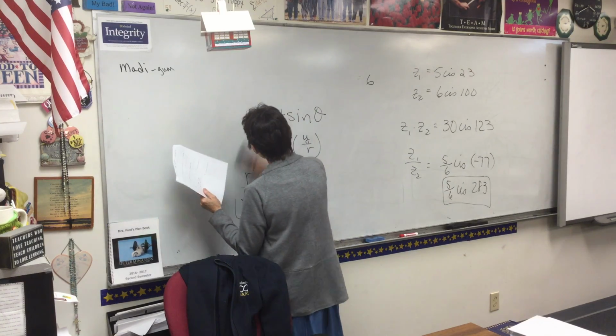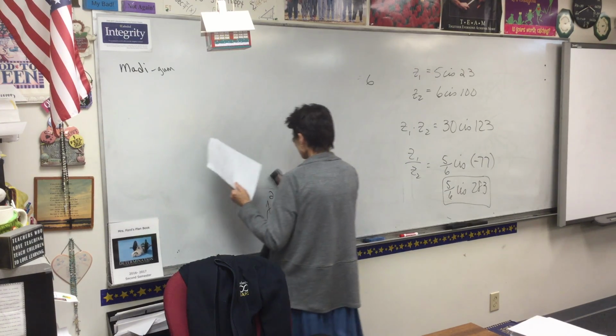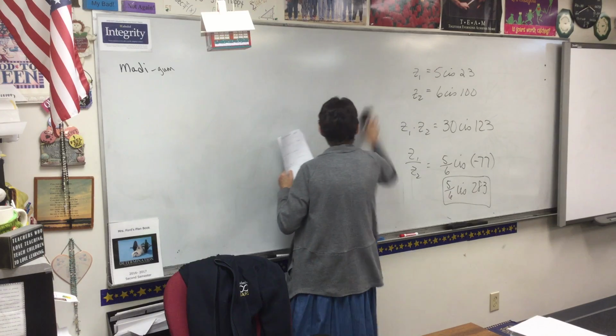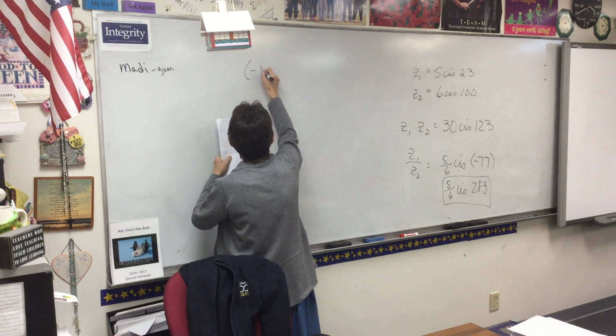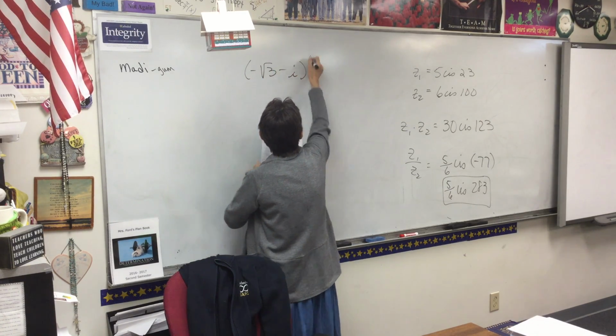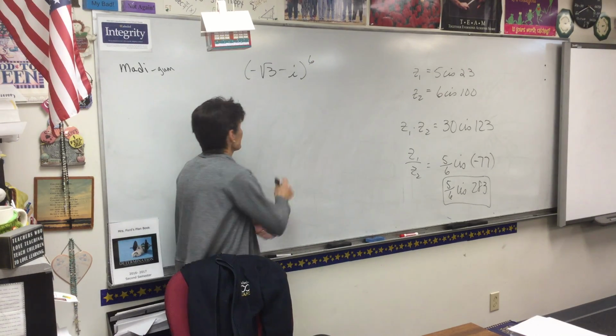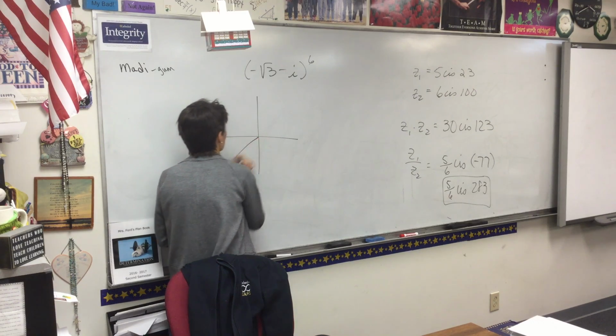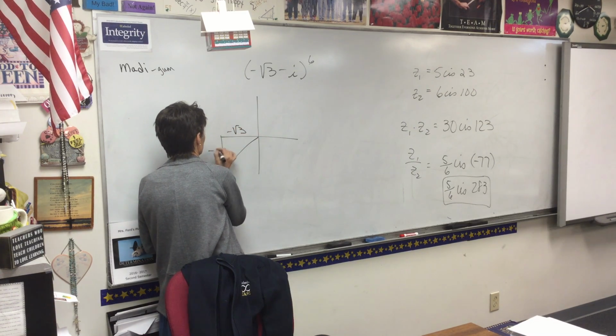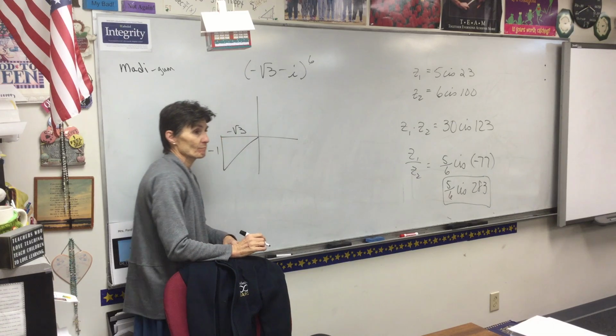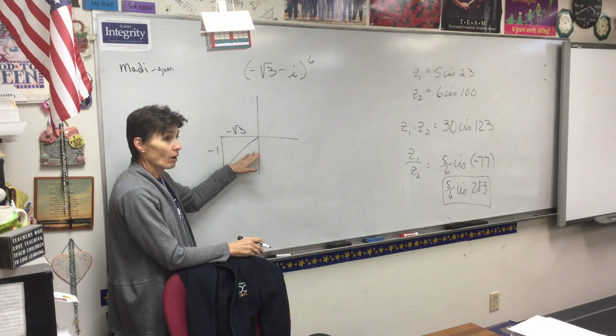Okay, now we got the big problem. Now this is not hard, but remember there are 2 steps to it. Graph it. Don't stop after the first step. The first step is to graph it. So you're going to graph it. You're going to find r.